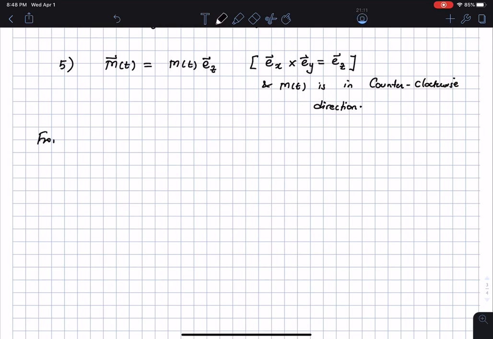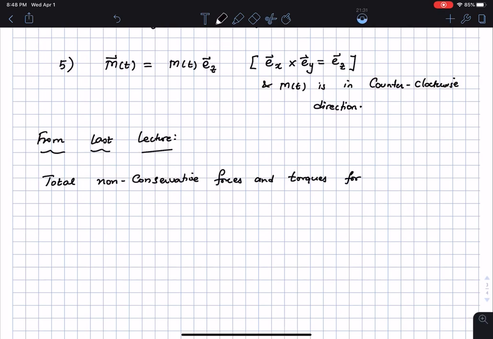From last lecture, the total non-conservative forces and torques for the jth generalized coordinate can be written as follows.